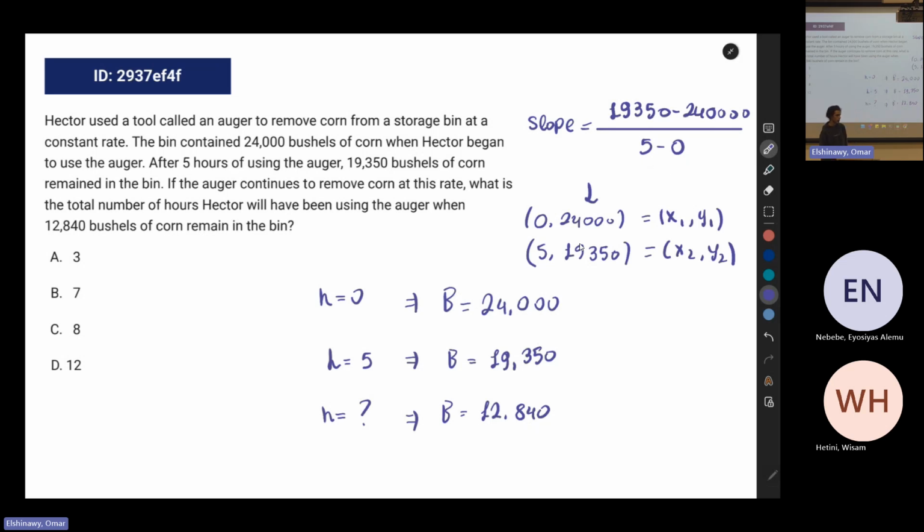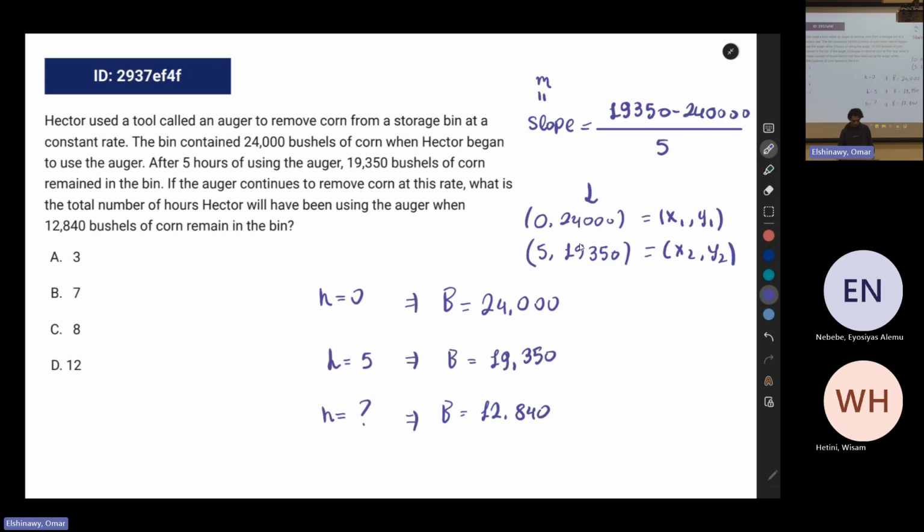So the slope would be negative. It makes sense because he's removing corn in this case, so it makes sense to have a decreasing amount. So at least the math makes sense. 5 minus 0 is 5, and if you have a calculator, you can compute that. That will give you some slope. Let's call it m.